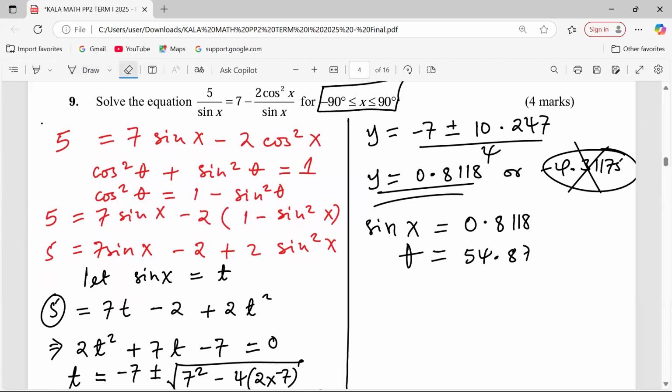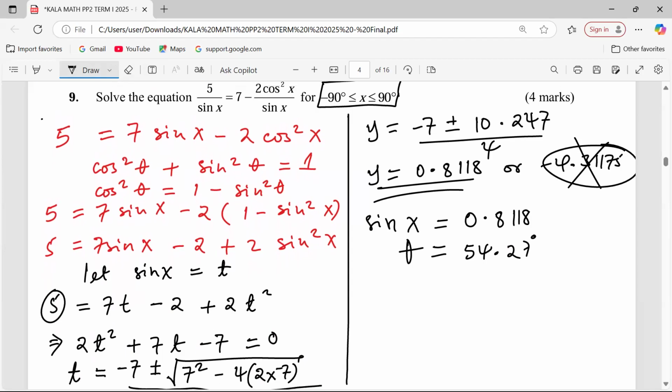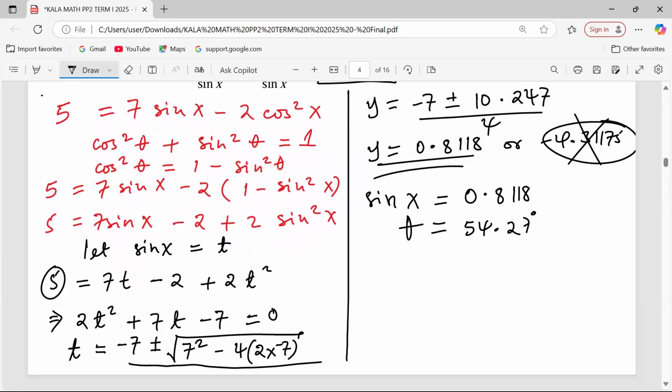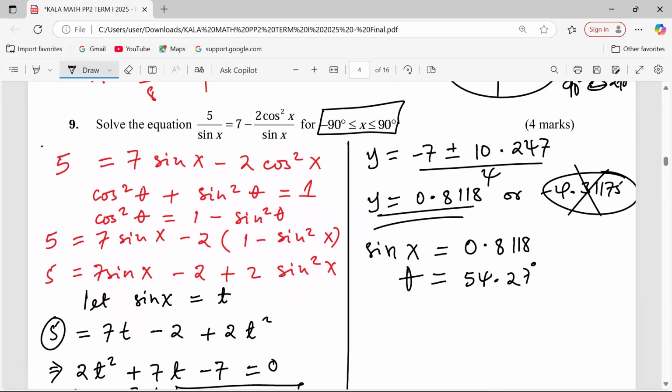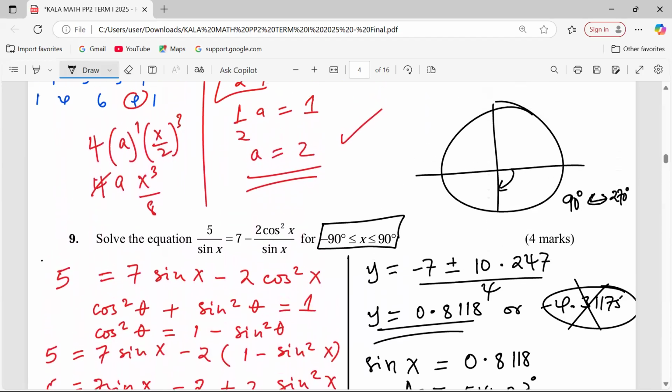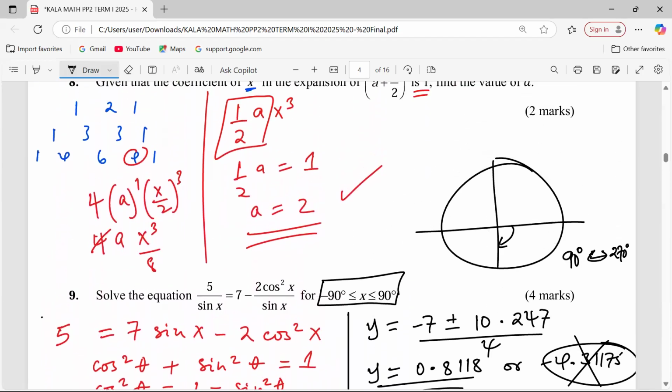So with this angle now, we ask ourselves, what are the suitable values of x? This one is smaller than 90, so it is not what we want. So we need this acute angle in the quadrant where signs are positive. Signs are positive in the first and second. So we need the angle here. We have the angle theta here.